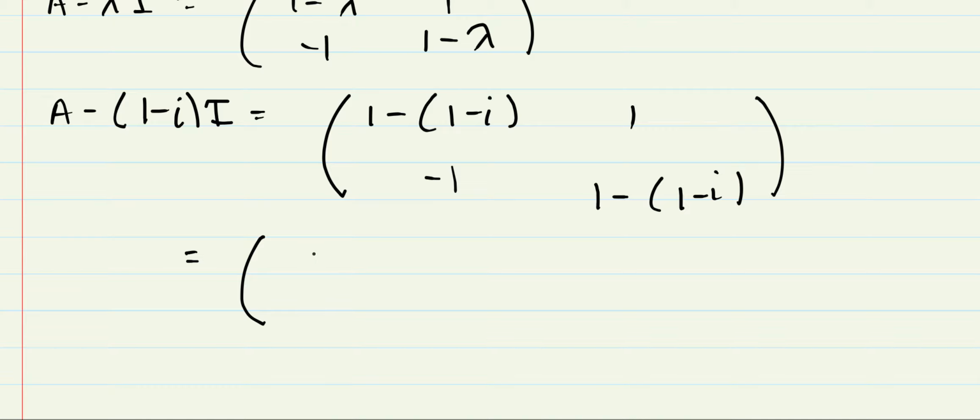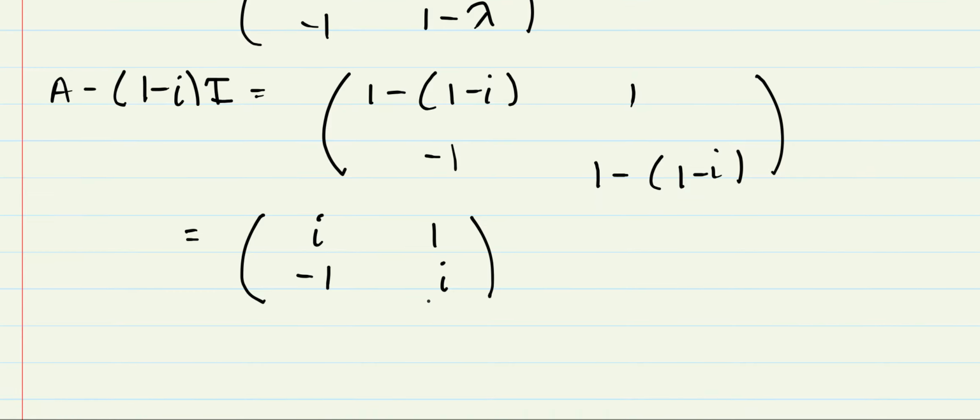So this time we get an i, not a negative i. And we're going to do the same thing we did last time, which was put this matrix into reduced row echelon form, and then find a basis for the null space of this matrix.